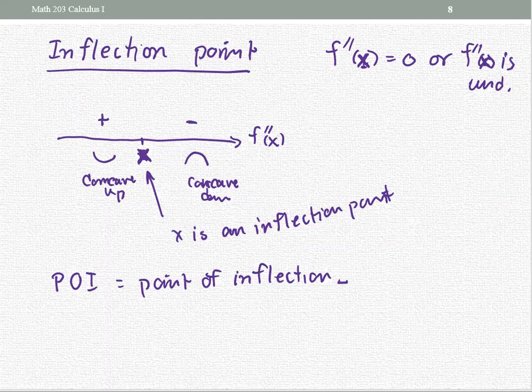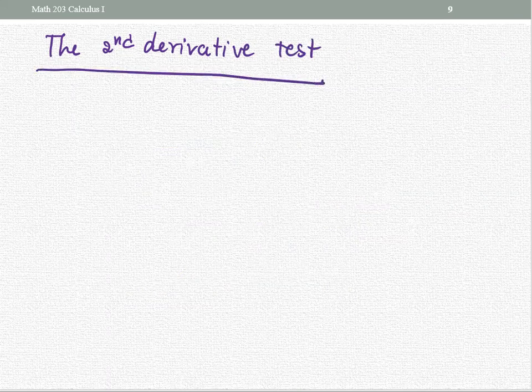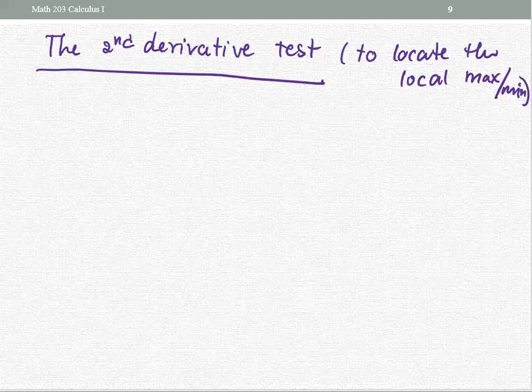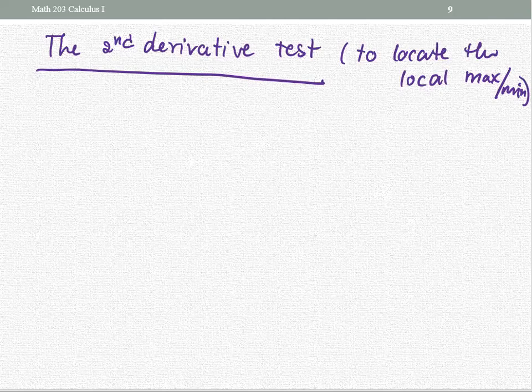Now, how do we use the second derivative test? The name again, the second derivative test. Use the second derivative to locate the local max and min. It serves the same purpose as the first derivative test, but this one is an extra step to get to the local max and local min.